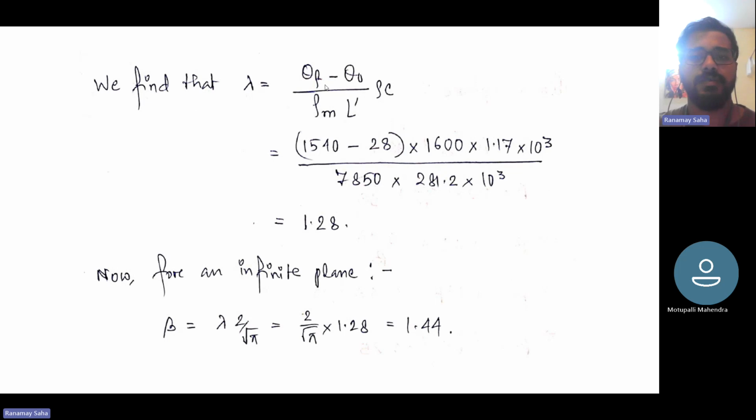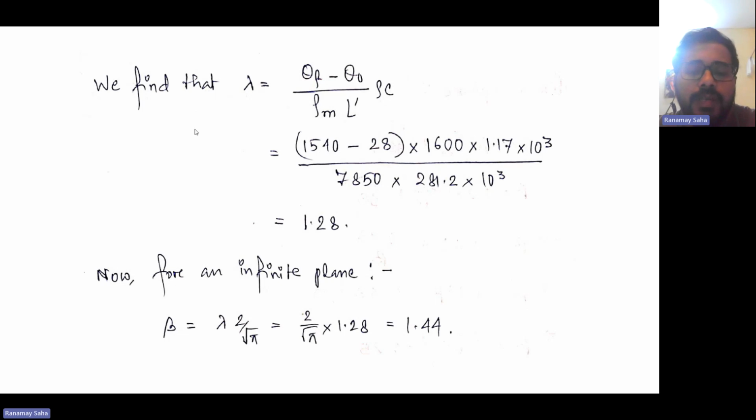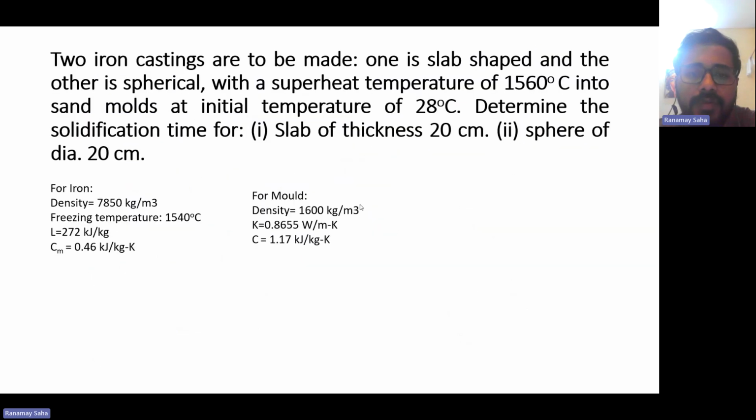So lambda is given as the difference of freezing to initial temperature theta naught, over the ratio of the density of the molten metal and the revised latent heat considering the superheat. Okay. And then it is multiplied by rho c, right? When you plug in the values, 1540 as the freezing temperature, the initial temperature is 28, then 1600 as the density of the mold.